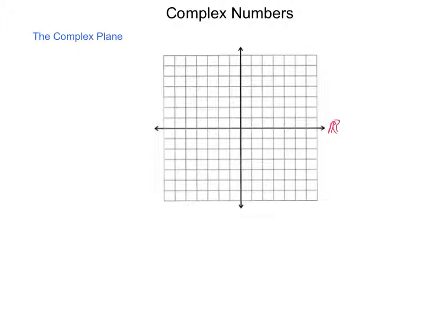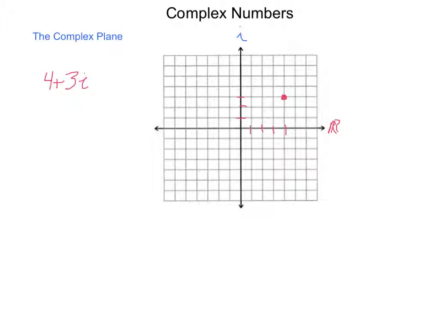So real numbers get plotted this way, and the y-axis is our imaginary. If we have a complex number such as 4 plus 3i, this means we move 4 on the reals, so 1, 2, 3, and 4, and 3 on the imaginary, 1, 2, and 3, and we end up with a plot here.